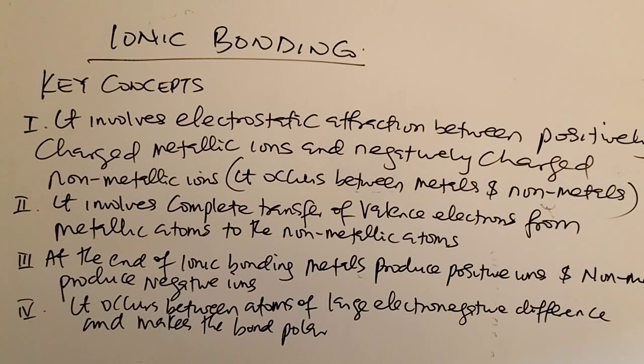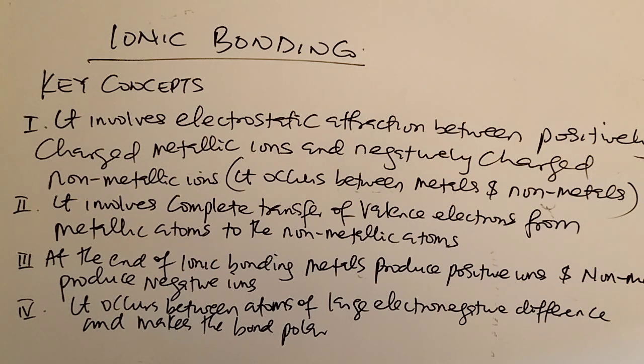Number 1, it involves electrostatic attraction between positively charged metallic ions and negatively charged non-metallic ions. It occurs between metals and non-metals. So now number 1 is pointing out that ionic bonding must occur between a metal and a non-metal.